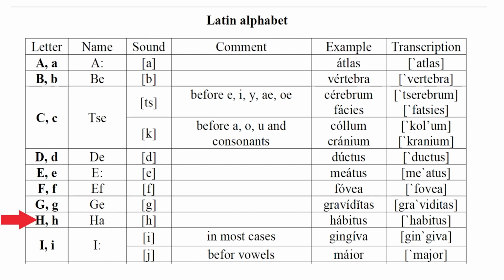The next alphabet is H in English. In Latin it is ha, as in habitus. Then the next letter is I in English. However, in Latin this is pronounced as E. Be careful, this is E, not I in Latin.